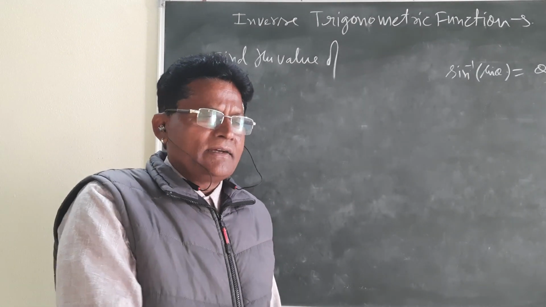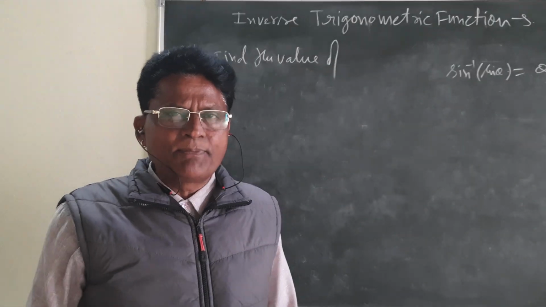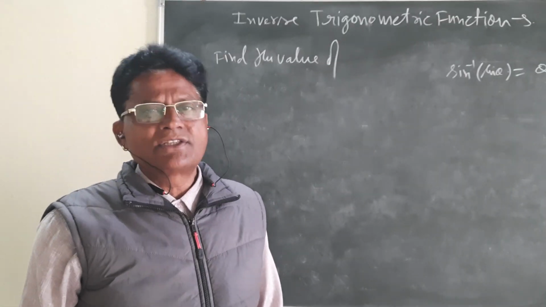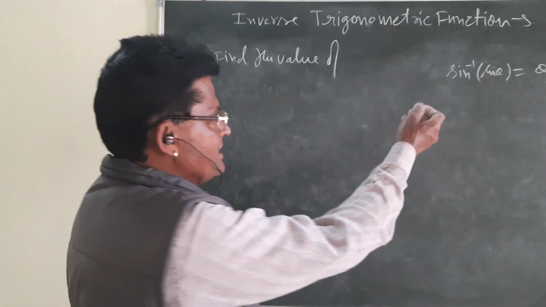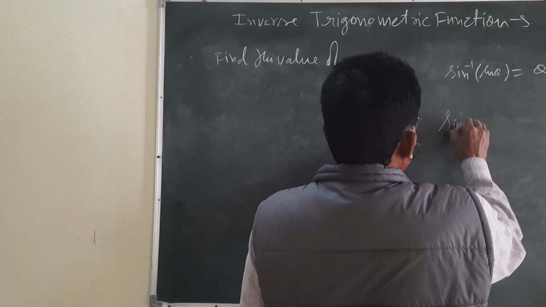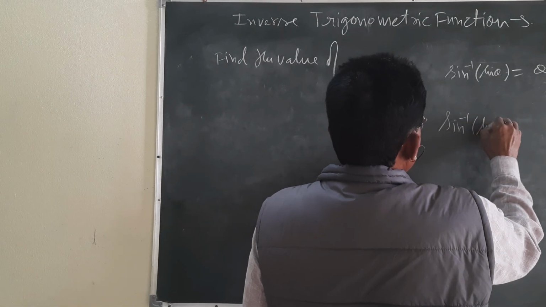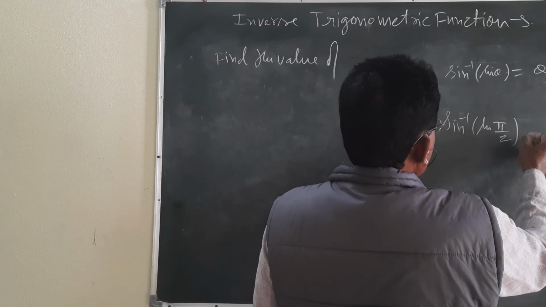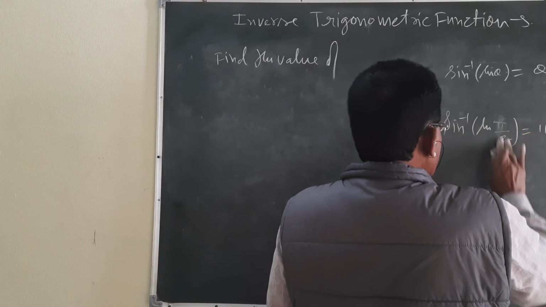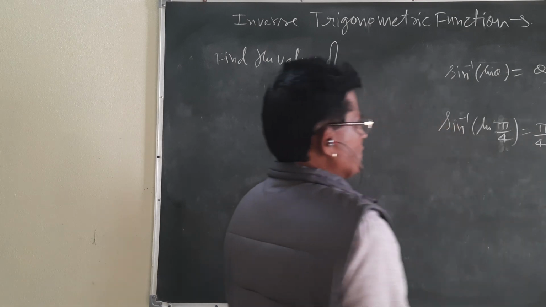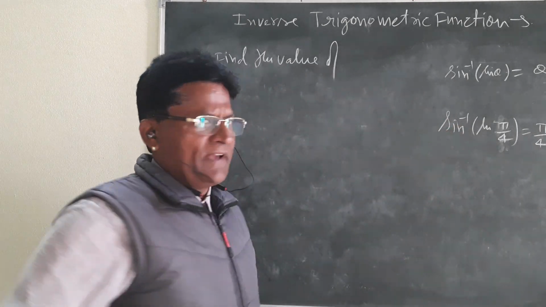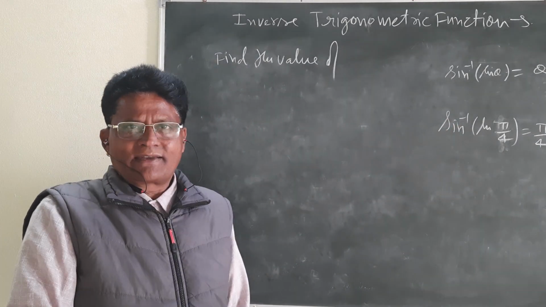Only if theta lies in the principal value branch will it be correct, otherwise no. But generally, sin inverse sin pi by 2 will be equal to pi by 2. Pi by 4 is pi by 4. But not always. Let me take such a question over here.